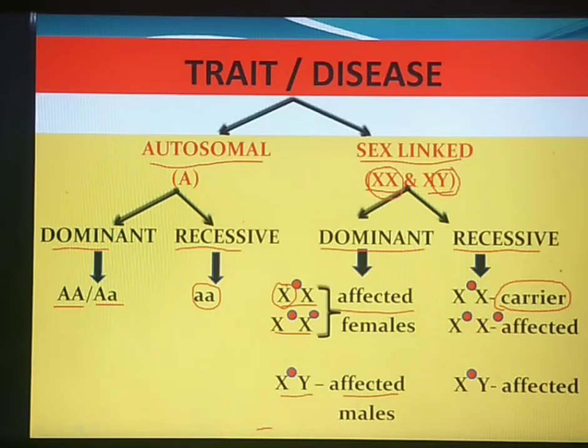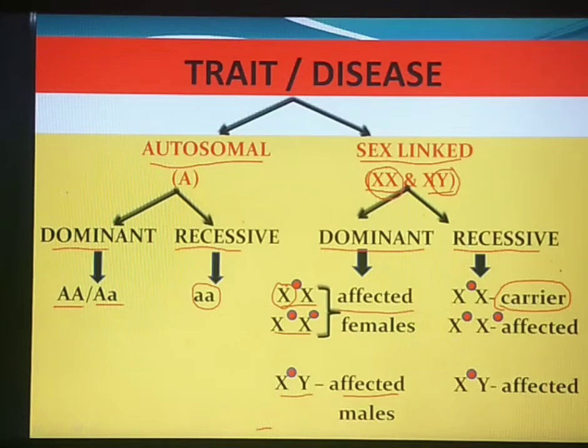They won't show any symptoms related to that particular trait or disease. We should remember in recessive, the heterozygous female wherein only one X chromosome has the trait is the carrier of the disease and this female will be absolutely normal.